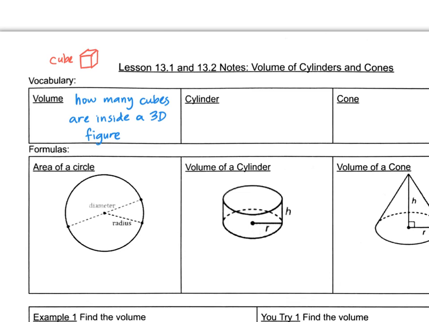So how many of these little cubes can we actually fit inside of a 3D shape? A cylinder is, you can look at just this picture right here below, and it has 2 bases.